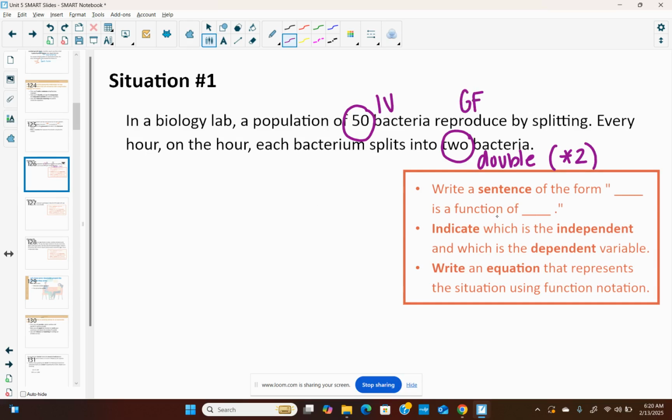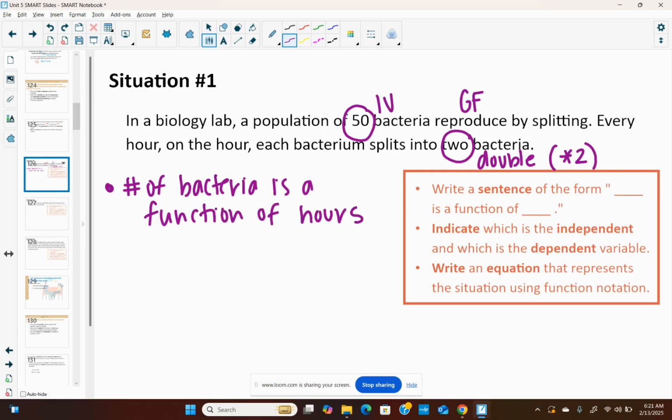And so first it wants us to write a sentence in the form of what is a function of what. So in this case, we have the number of bacteria is a function of time or hours. So for our first bullet point, the number of bacteria is a function of hours, the time that's passed in hours.